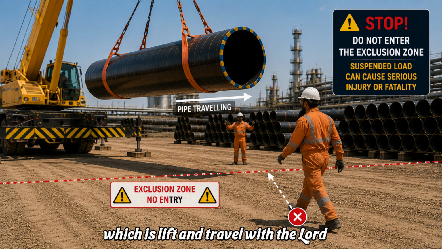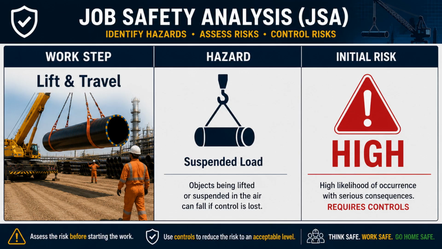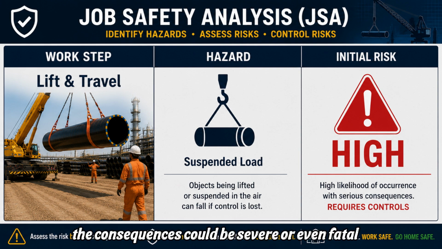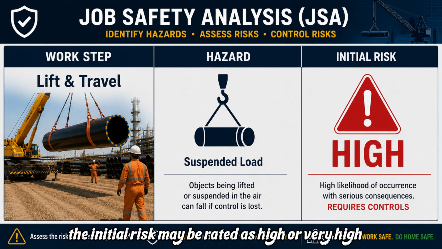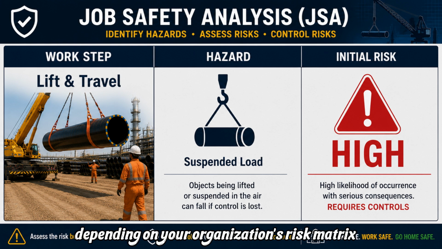During the work step, which is lift and travel with the load, one of the hazards is a suspended load. If a worker enters the line of fire and the load shifts unexpectedly, the consequences could be severe or even fatal. Because of the potential outcome, the initial risk may be rated as high or very high, depending on your organization's risk matrix.